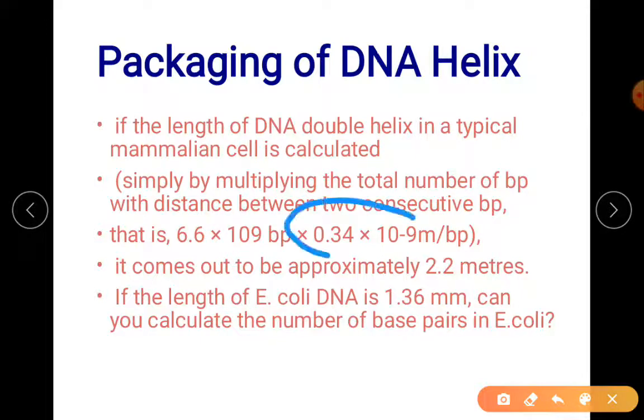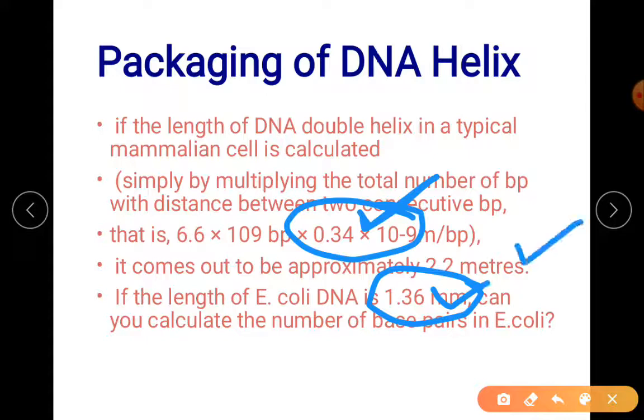The same thing, this is common, and you have the length. I hope you know how to do the method. This is common, okay, the distance between the consecutive base pairs, and you have the length, like how the length is given here. Now you have to find out what is this. Use your maths skills, try to get, otherwise you can Google and answer me, no problem.